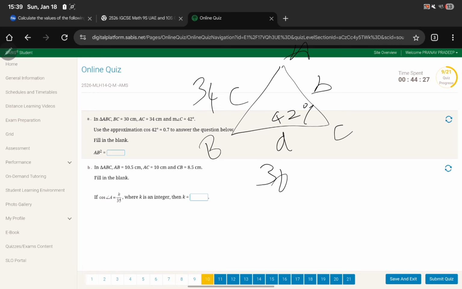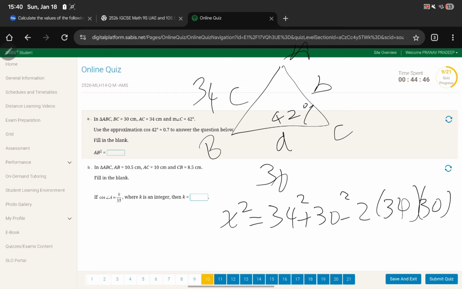AB squared is nothing but, here you need to apply the cosine rule. So it's x squared equals 34 squared plus 30 squared minus 2 times 34 times 30 cos 42.